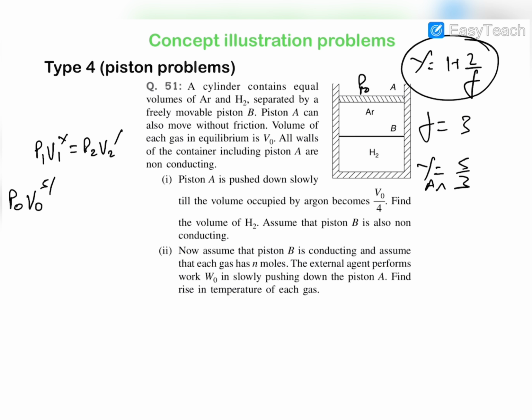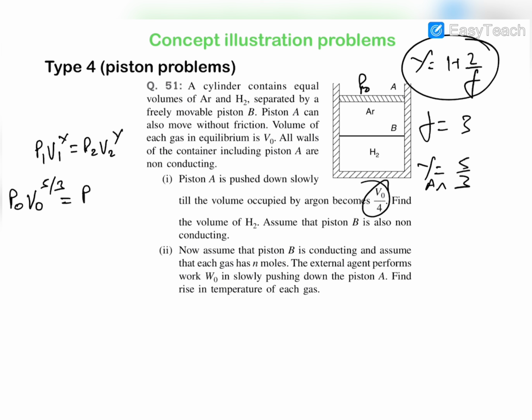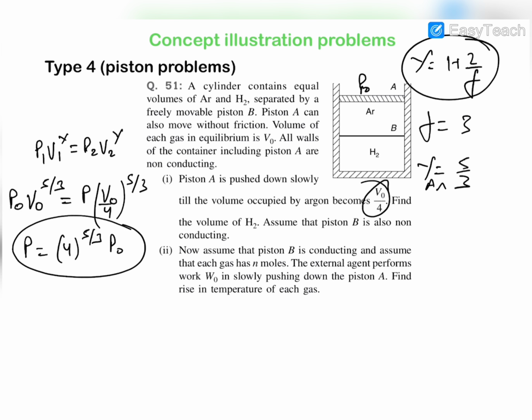P2 is the final pressure of the argon, and V2 is the final volume, which becomes V naught by 4. So it is (V naught by 4) to the power 5 by 3. So P will be equal to 4 to the power 5 by 3 into P naught. This is the final pressure of the argon gas.